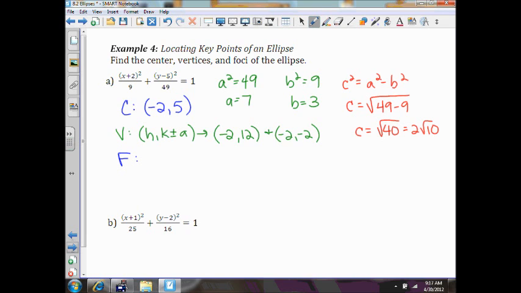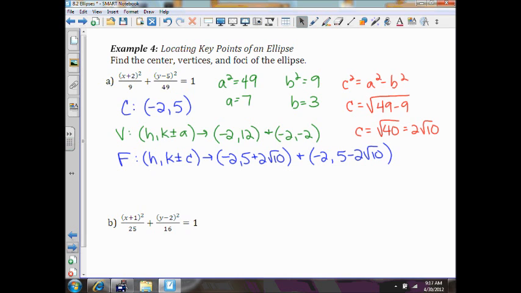My foci, again, will be (h, k plus or minus c): (-2, 5 plus 2 square root of 10) and (-2, 5 minus 2 square root of 10). Now simplifying that, if you want to put that in your calculator, you can.